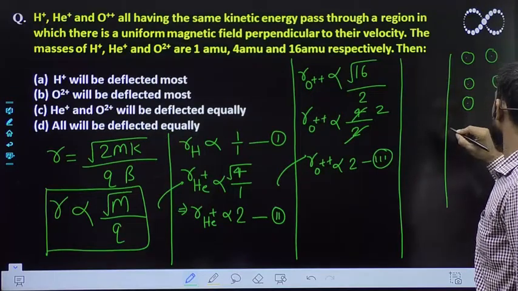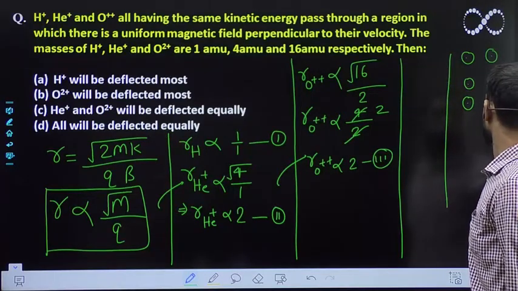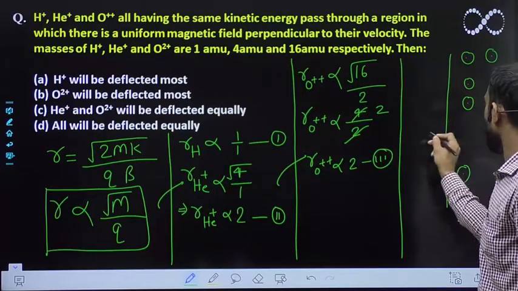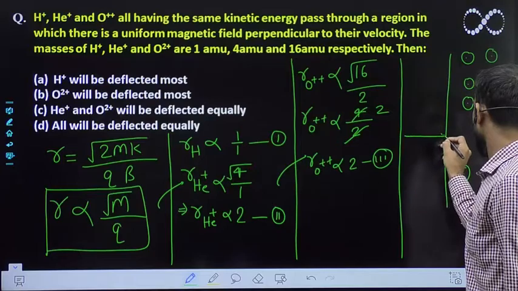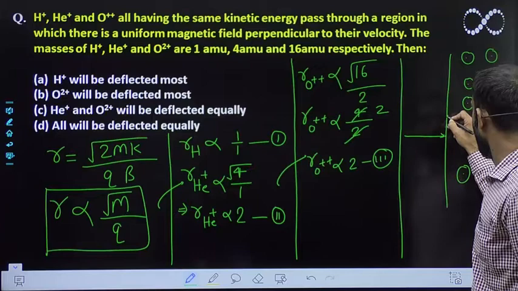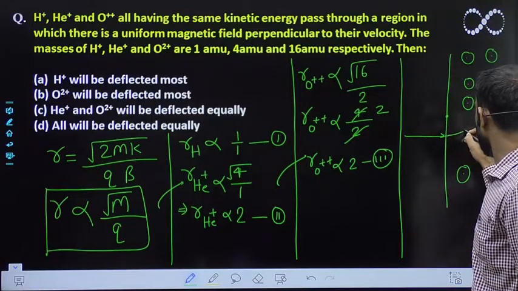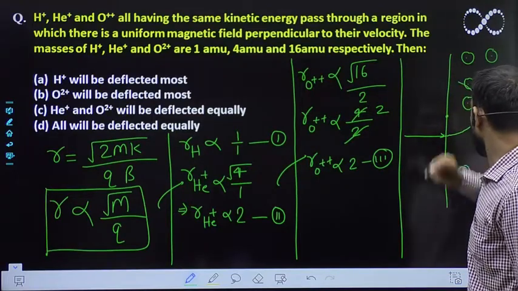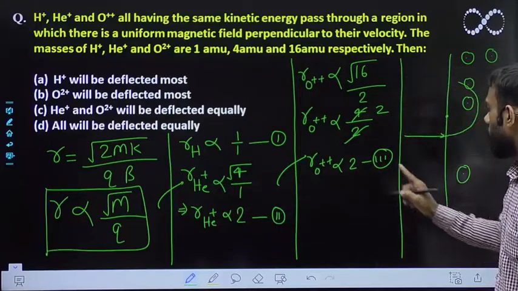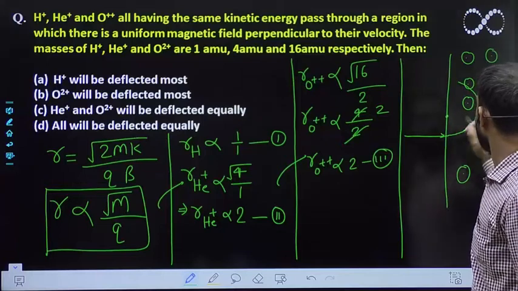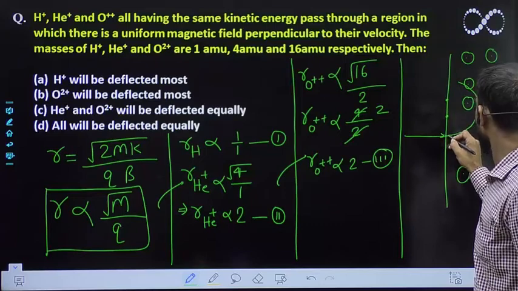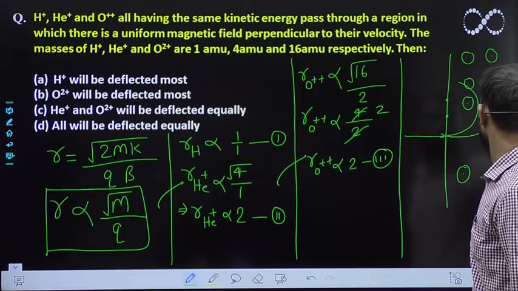This is the magnetic field, and suppose the charges are coming in this way. For hydrogen the radius will be less, so let us take the center here, and it will go something like this. Now for helium and oxygen the radius is more, so suppose the center will be here, and it will go something like this.